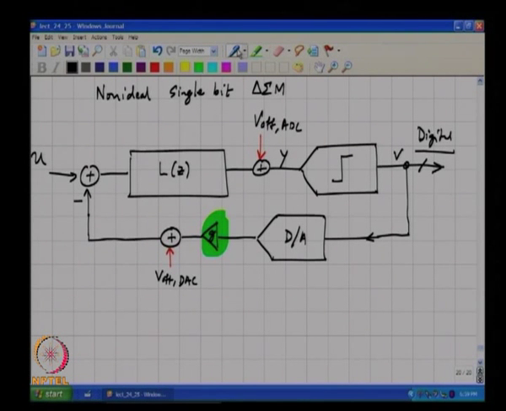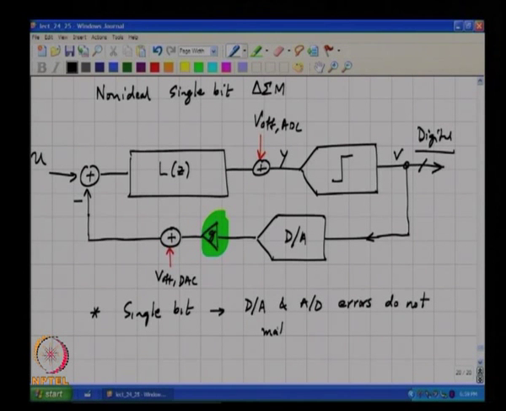So, in a single bit DSM, right, the D to A and A to D errors do not matter. Because they just translate into gain and offset errors, okay.